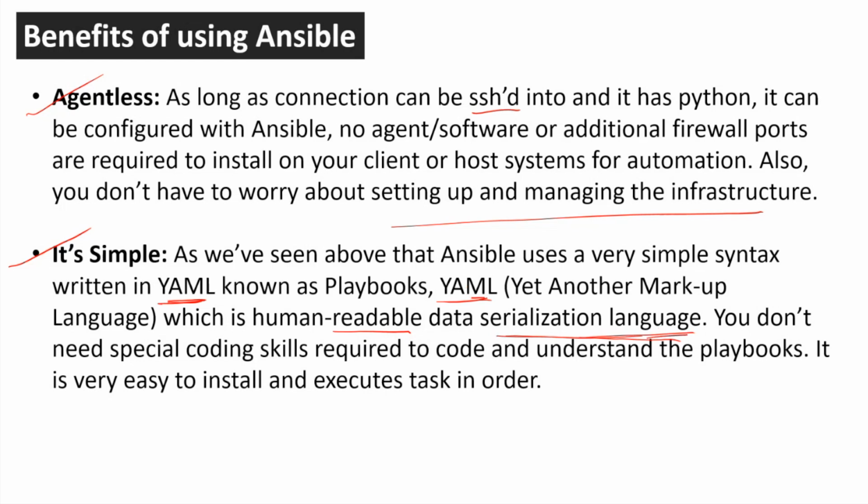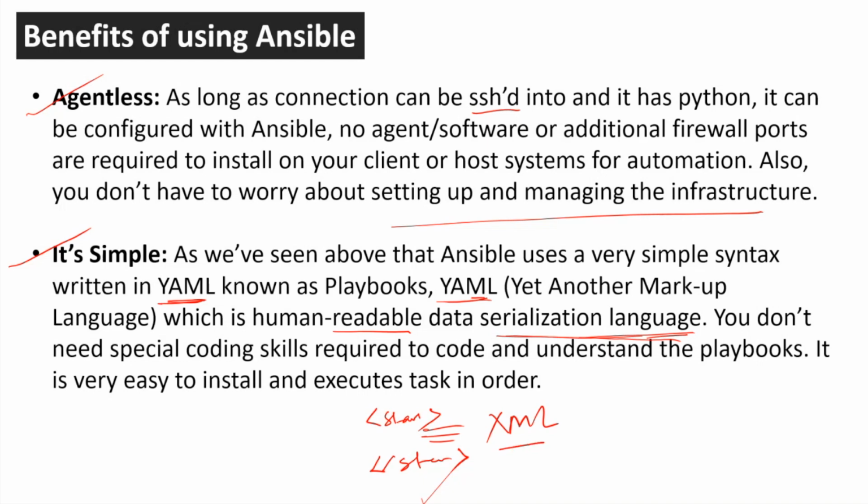And you know how to write an XML file, right? The XML file will have syntax like this: a start tag, and it will end like this, and under this you have to write the code. So this is the XML way of writing.